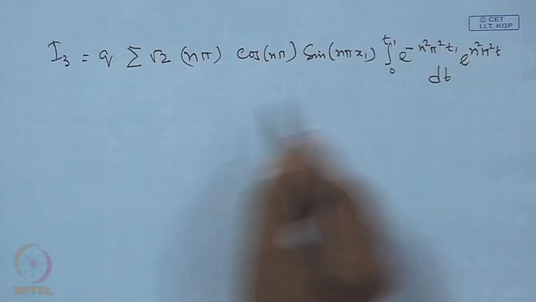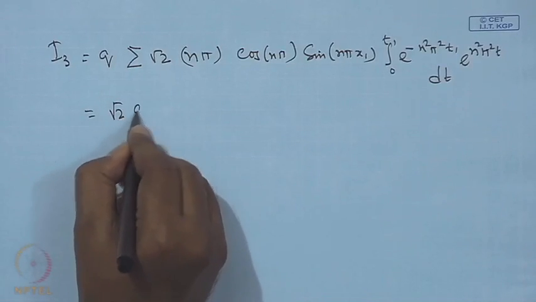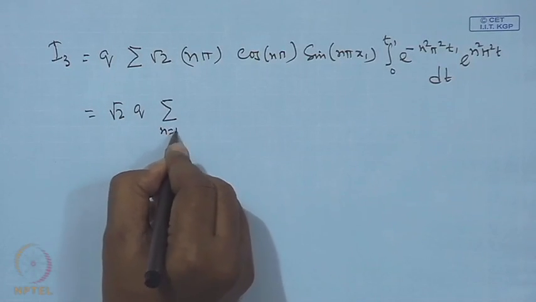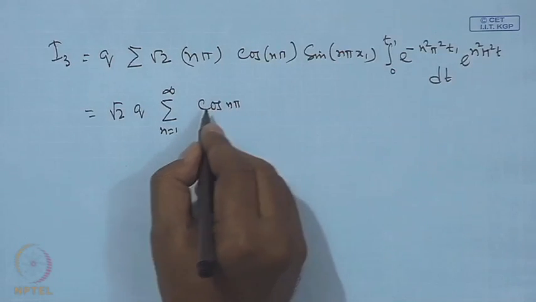This term containing t1 will be treated as constant. So, this will be root over 2 q summation n equal to 1 to infinity cosine n pi over n pi.